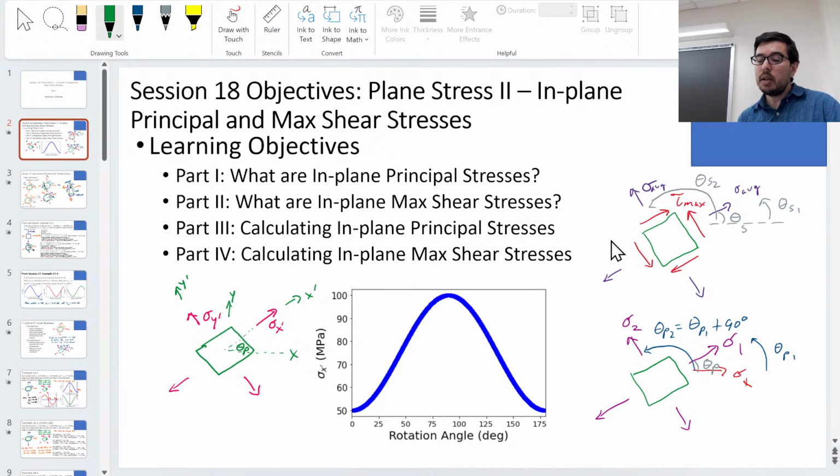Okay, and then the tau max, or the in-plane max shear stress, that's when you're going to have a tau max, right? And so that maybe is a little bit more straightforward. That is a max, and that is going to sometimes have no normal stress. So like the state of pure shear.